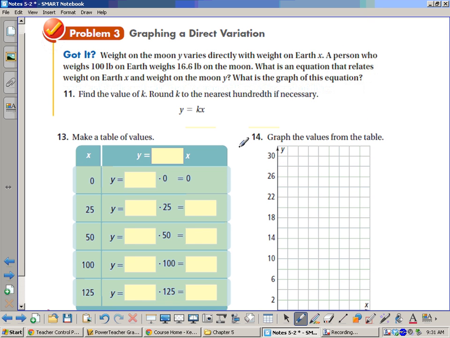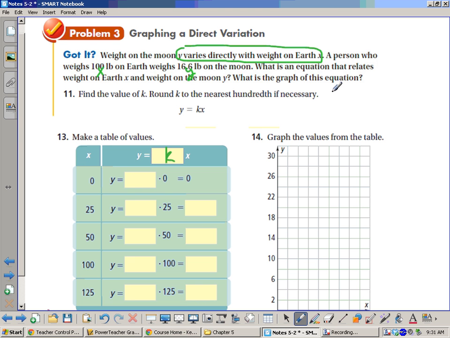The next problem is an application. Again, they're telling us y varies directly to x. So in this situation, the weight on Earth is x, and the weight on the moon is y. So what we're going to do is try to find the k using the numbers up here.